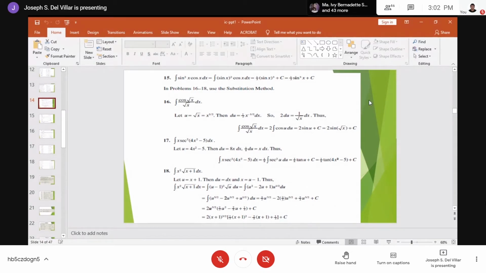Can it be negative 1/3 cosine x raised to the third plus c? Because the formula is the integral of sine x dx is negative cosine x plus c.